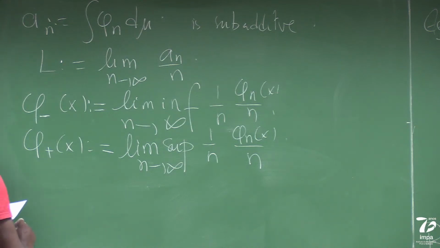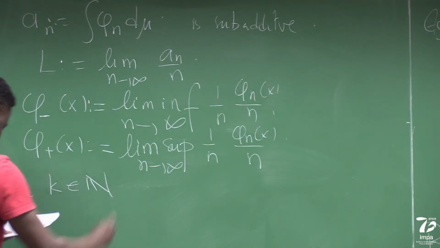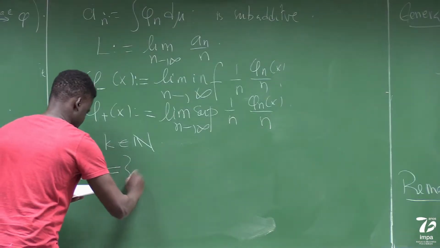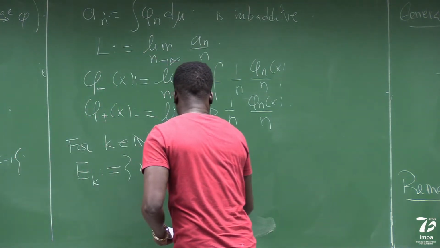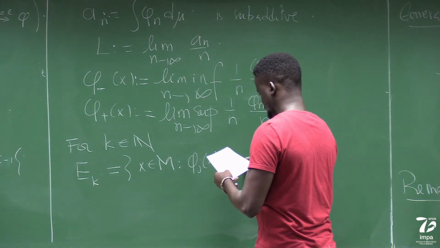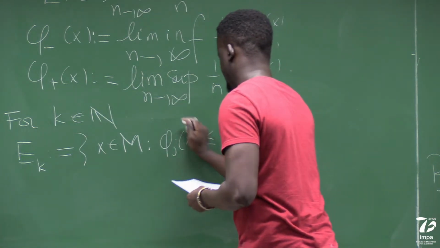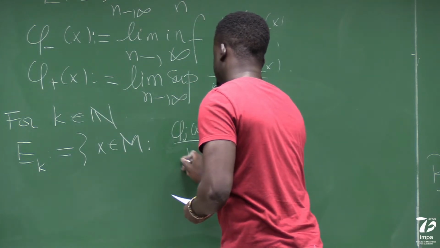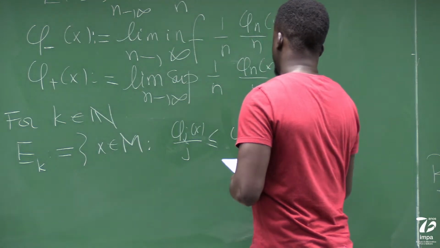So for k in n, let's define ek to be the set of x in M such that phi j of x over j is less or equal to phi minus x plus epsilon.